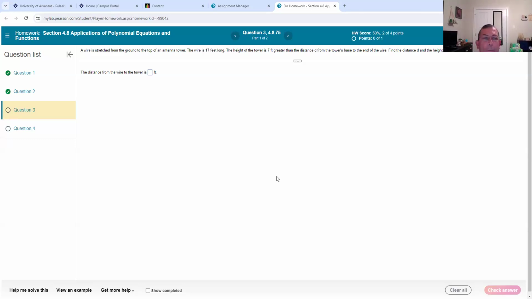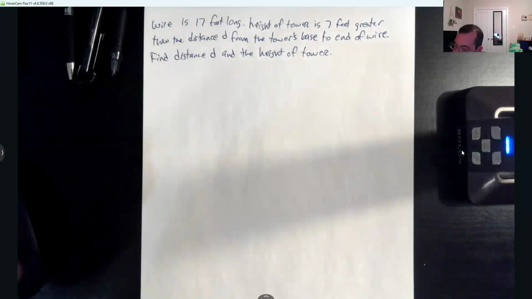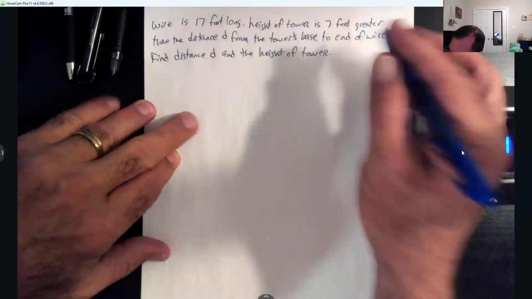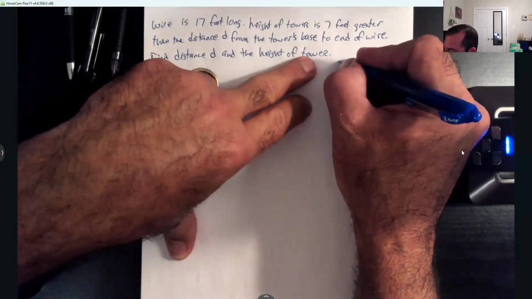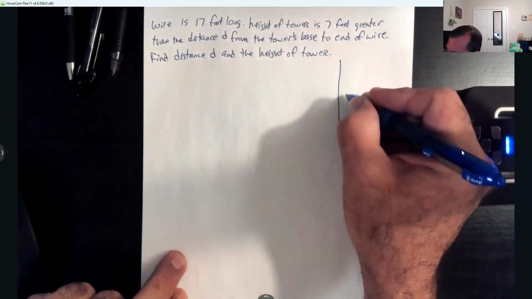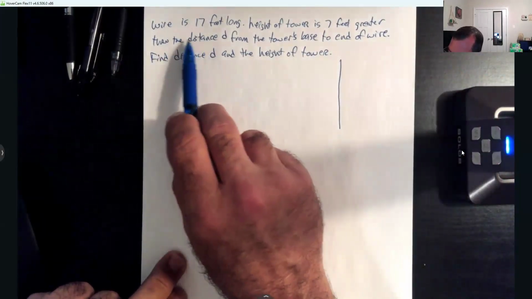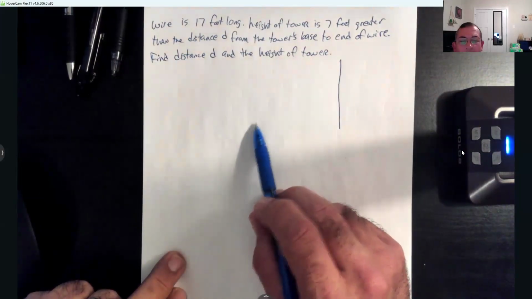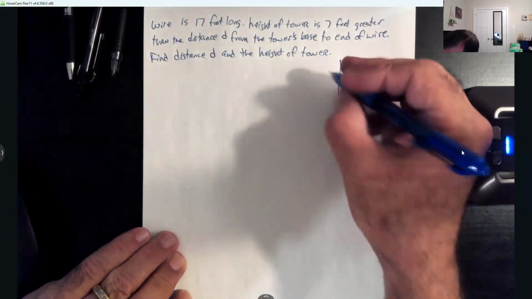So word problems are fun. So let's go in here and let's figure this one out. So first I'm going to draw a picture. So I've got this antenna tower over here. So this will be my tower. And I got a wire stretched from the ground to the top of my tower.